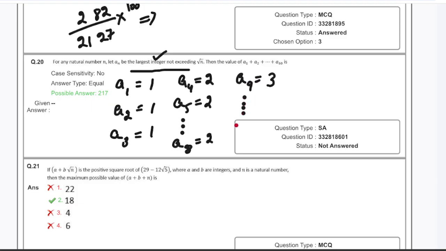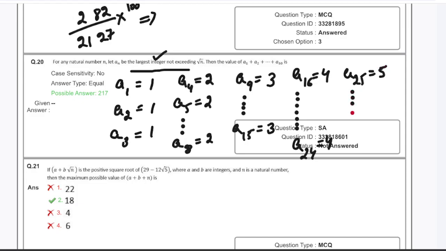And then we'll go till A15. And then there's A16, which is square root of 16, 4. And this will go till the next, that is A24. For A25, it's going to be 5. And this will go till A35.